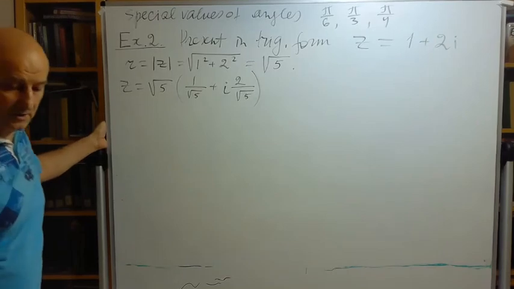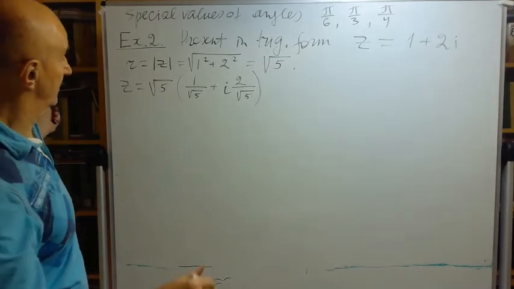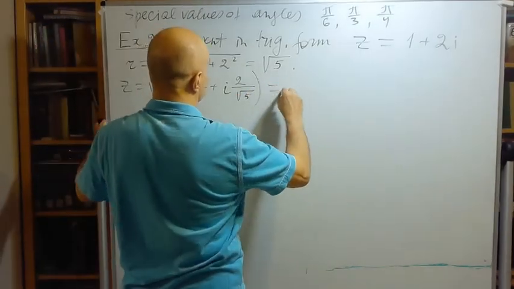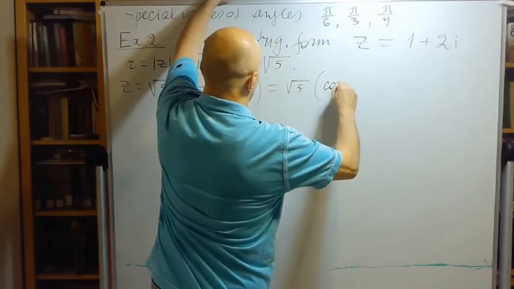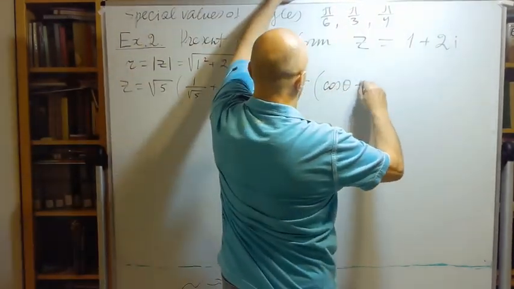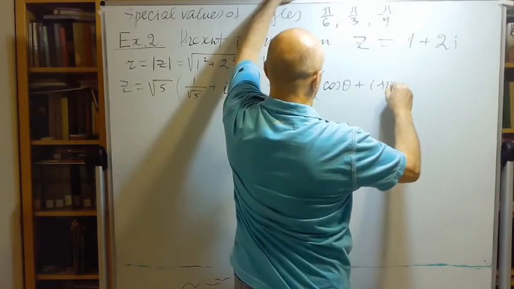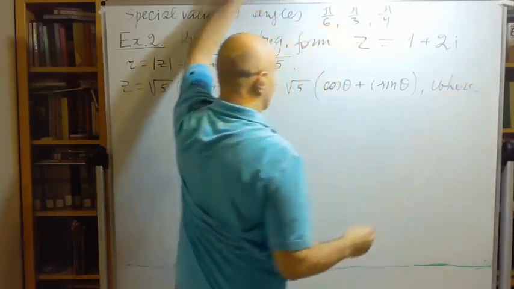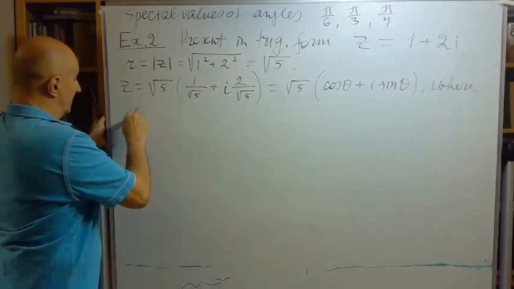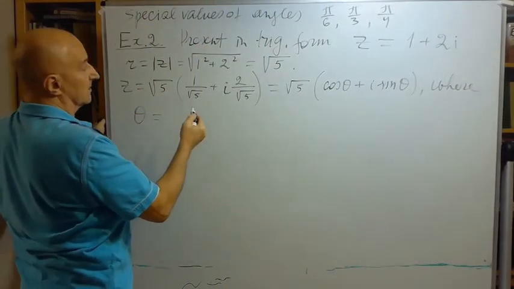Or you can rewrite it as root of 5, and here will be cos theta plus i sine theta as usual, and then you say where theta is.